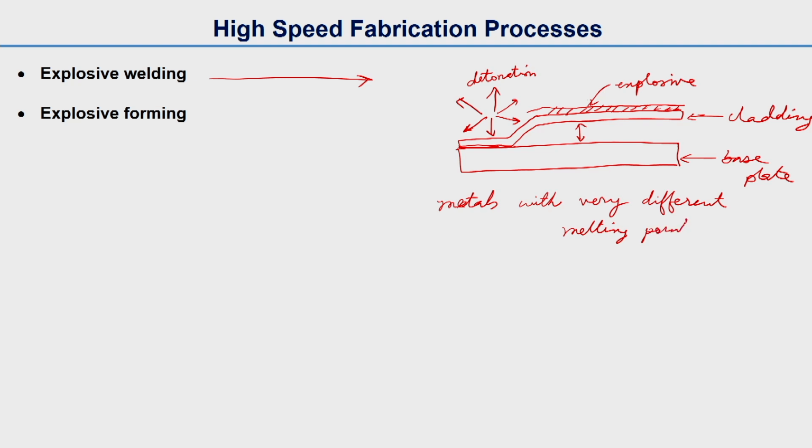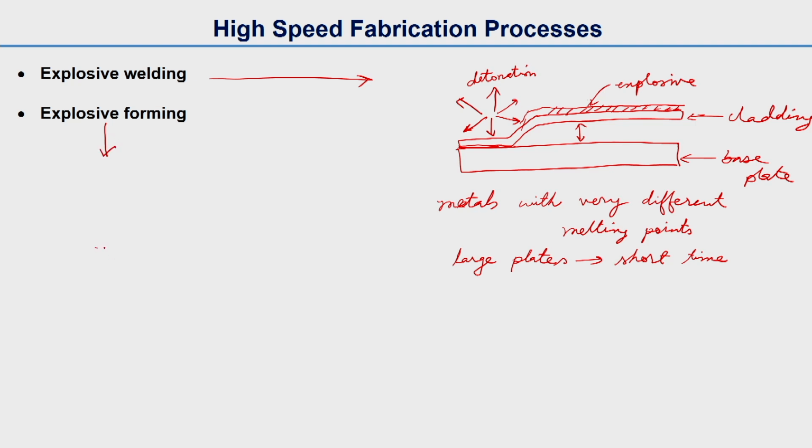This type of joining is not possible through conventional welding processes. One advantage is that very large plates, that means large areas, can be joined together within a very short time. However, we need a great deal of knowledge about the explosive, how it explodes, for this welding process. That is one requirement.